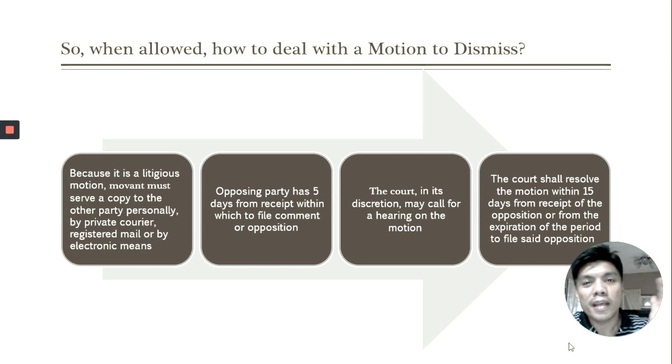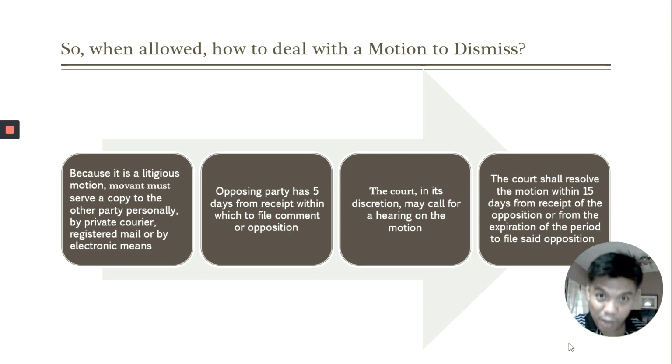Now, the court, in its discretion, may call for a hearing on the motion. Now, this is important. In fact, this changes everything. Because before, a motion to dismiss should be set for hearing by the movant. At the end of the motion, there must be a notice of hearing. And the Supreme Court has invariably held that the failure to set the motion for hearing is fatal to the motion to dismiss.